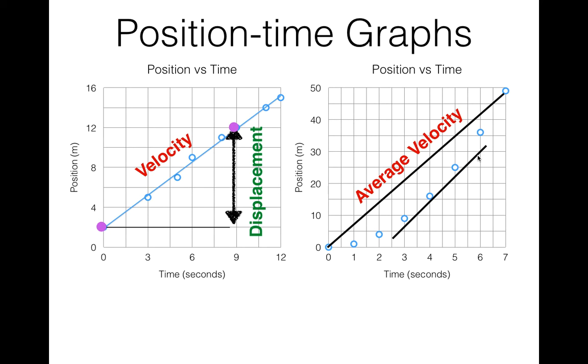Well, that's what the second line here is showing, and technically what it is is a slope line of a tangent to that curve. Now, it'd be really hard for us to draw tangents, but you have to find the slope of a tangent in order to find instantaneous velocity. We have a shortcut for that, though, as we mentioned. If I want to know how fast it was going at exactly 4 seconds, the instantaneous velocity, I could just take the slope from 3 to 5 seconds, because from 3 to 5, that average velocity across that time interval should be the same velocity that it is halfway between those two time periods.